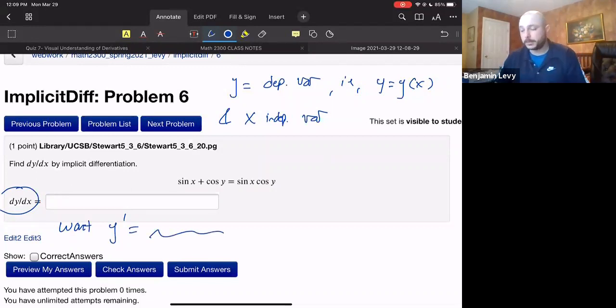And so we're going to take our expression and do d over dx of it. Right, so we're going to do d over dx of the left side and d over dx of the right side. And so let me just write out the details here. It looks like this.